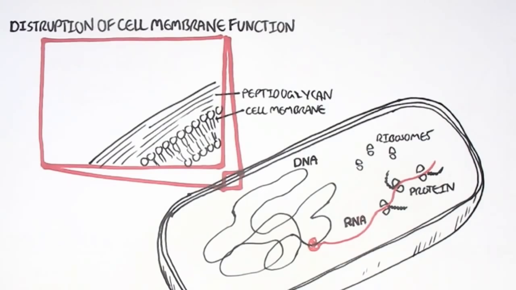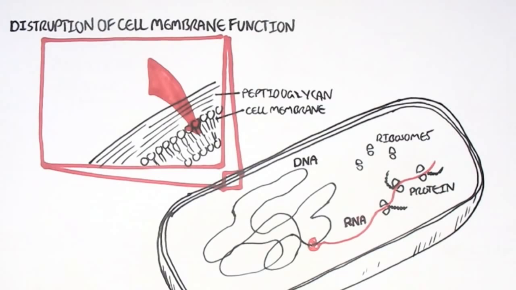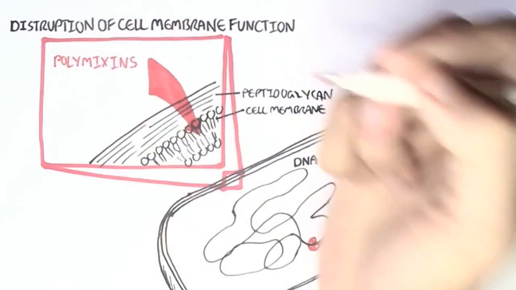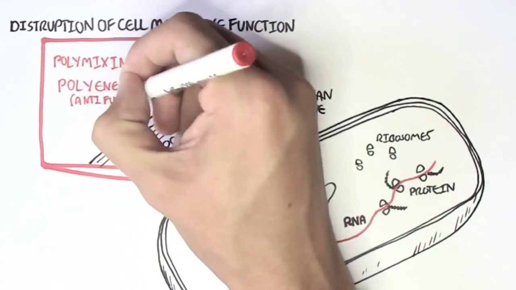The antibiotic binds here to the cell membrane. It will alter the cell membrane structure and make it more permeable. This will disrupt the osmotic balance, causing leakage of cellular molecules, and essentially it will increase the water uptake, leading to cell death. Examples of these drugs are polymyxins, which I spelt wrong, and polyenes.